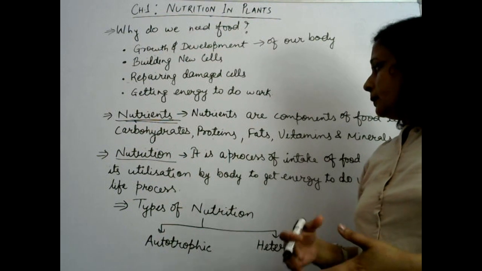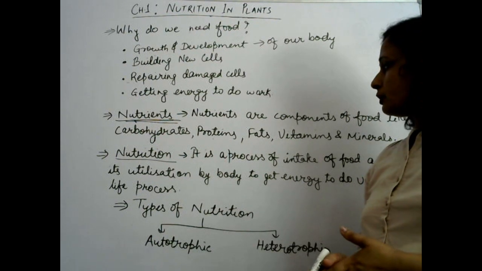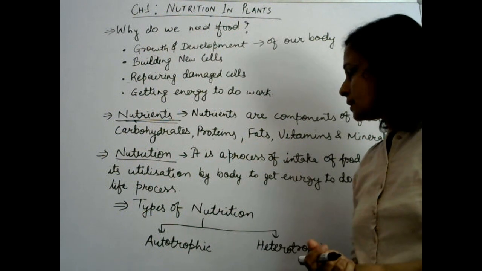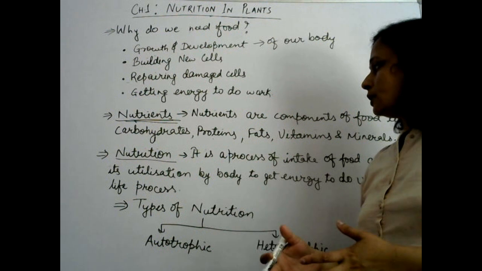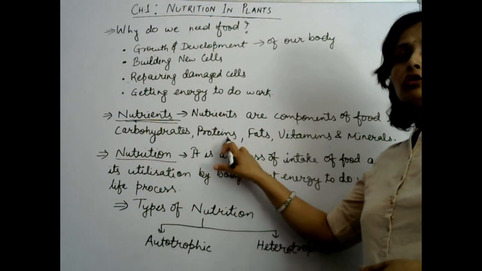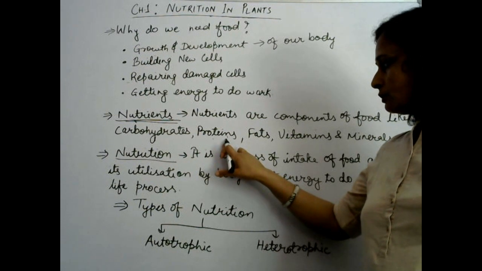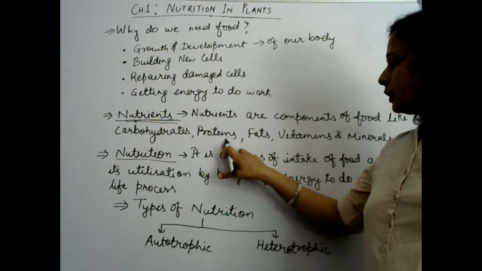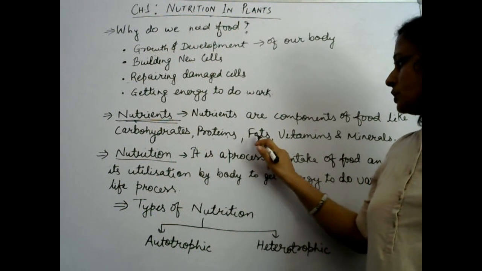It basically does repair work, repair of different kinds of damaged cells, and finally it makes our body muscles, it helps in growing of our body. So carbohydrate is energy giving food, and protein is called bodybuilding food.